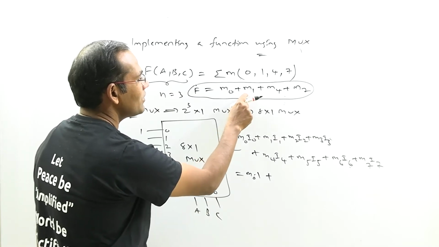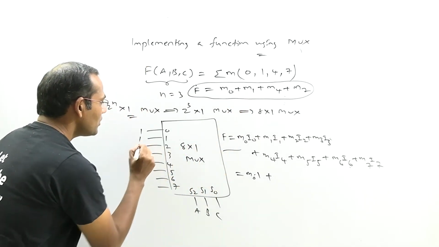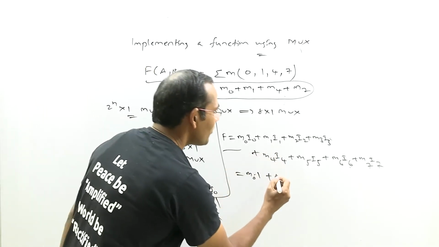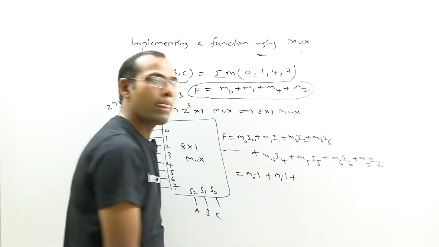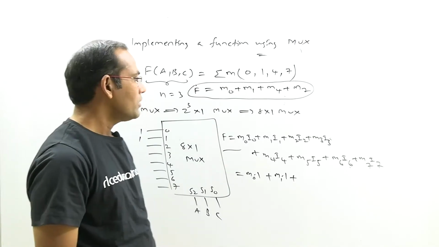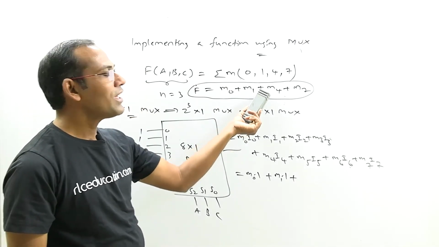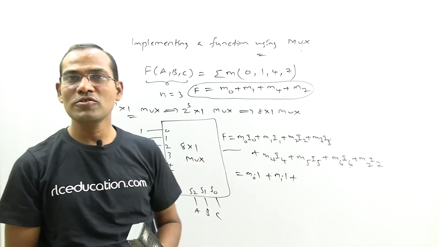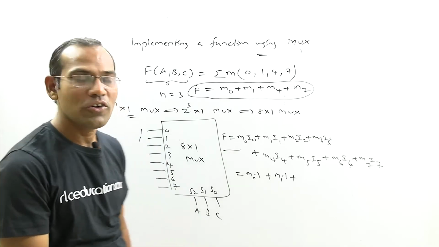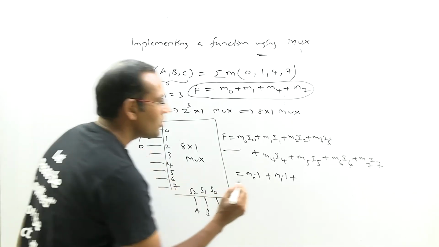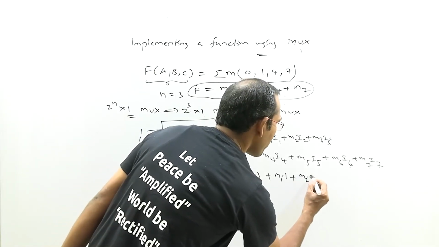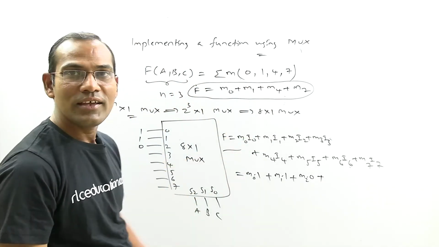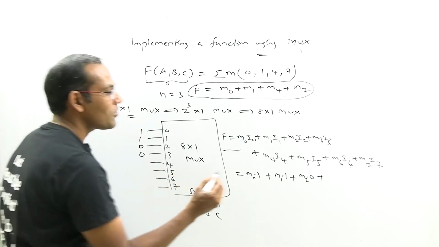I need M1, so give 1 to the I1 terminal, so M1 into 1. Then observe carefully, I don't want M2, so give 0. So M2 into 0 will be 0. Plus I don't want M3, so M3 also should be 0.